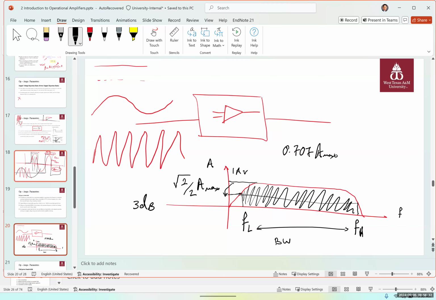So for example, this bandwidth could be between 10 hertz and 1 megahertz for an op amp. Meaning, if you give a frequency which is higher than 1 megahertz to an op amp, the op amp output would significantly drop, and you're not going to have any output from the op amp.